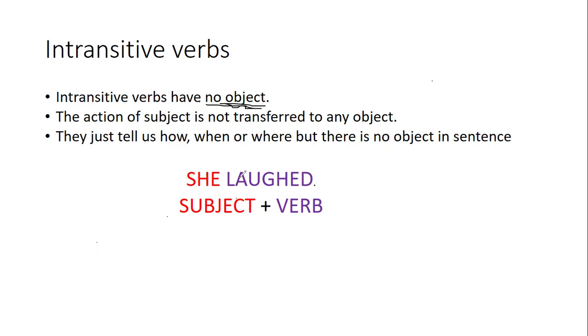Then they just tell us how, when, or where, but there is no object in the sentence. So such verbs are called intransitive verbs. You can say laughed is an intransitive verb because the action is not transferred to any object here.